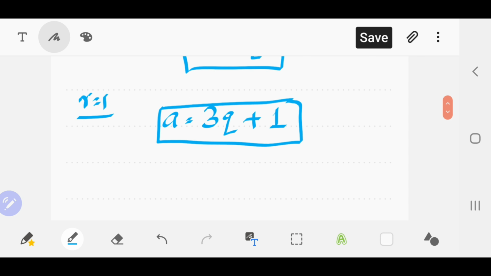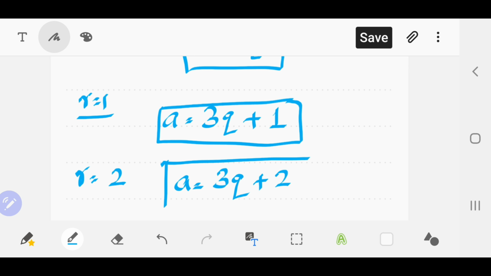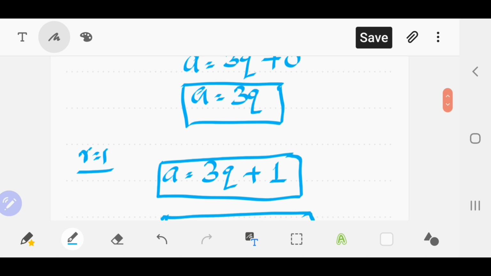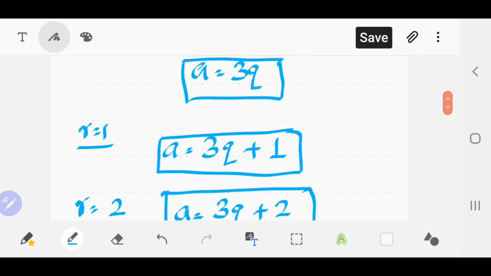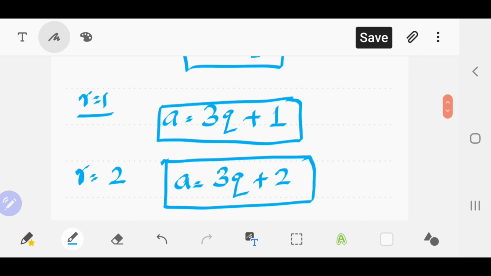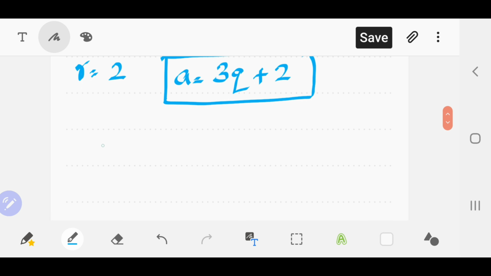If r is equal to 2, then a is equal to 3q plus 2, because a is equal to bq plus r, where b is equal to 3 and r is equal to 2. So we got three numbers: 3q, 3q plus 1 and 3q plus 2.